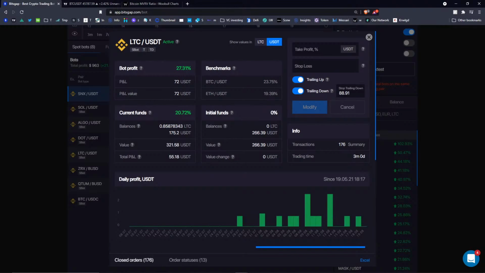Whereas here you see my LTC made only 20%, which is lower compared with Bitcoin. So if I would hold this money in Bitcoin, I would make 23%. But it has outperformed Ethereum by 1%. So it's kind of in between.